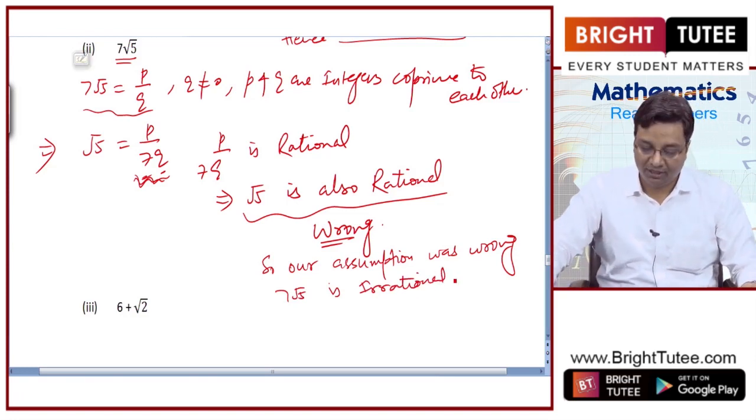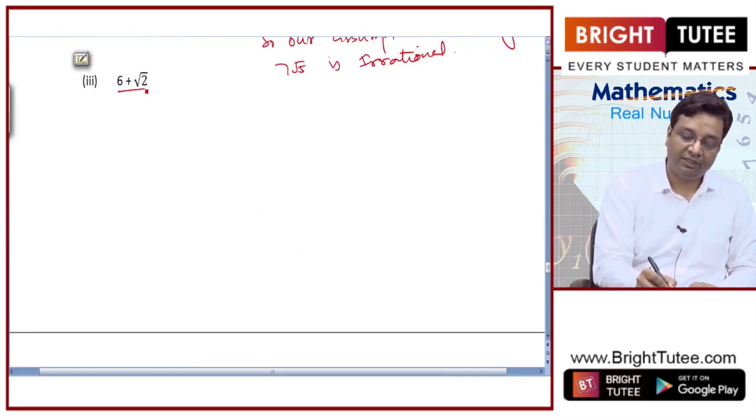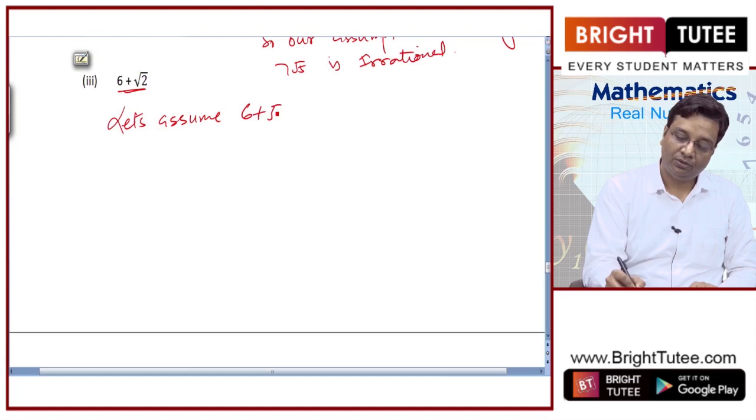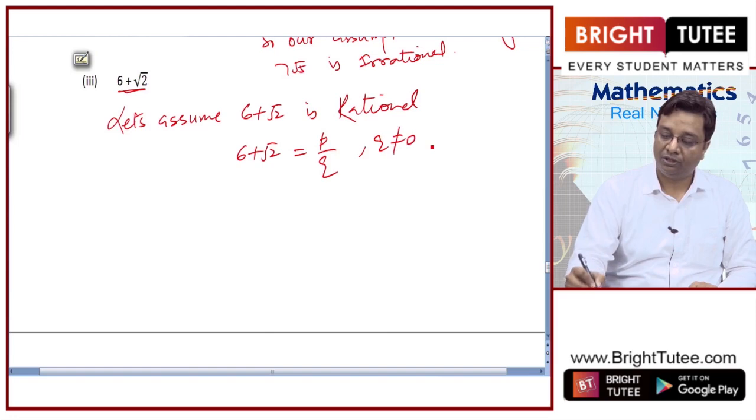Okay, I hope this is clear to you. Let's move to the next one here, which is 6 plus root 2. Again, let's assume 6 plus root 2 is rational, right? So it can be written in p by q form, where q is not equal to 0.